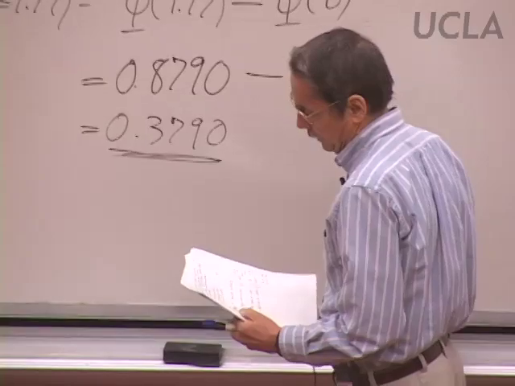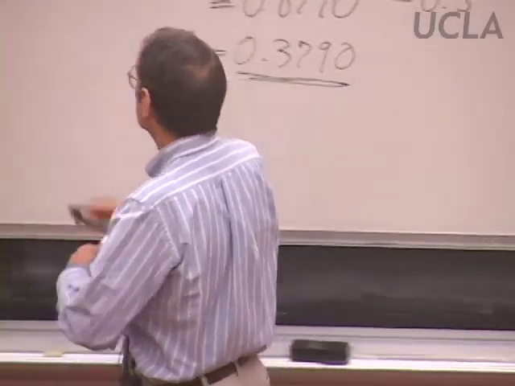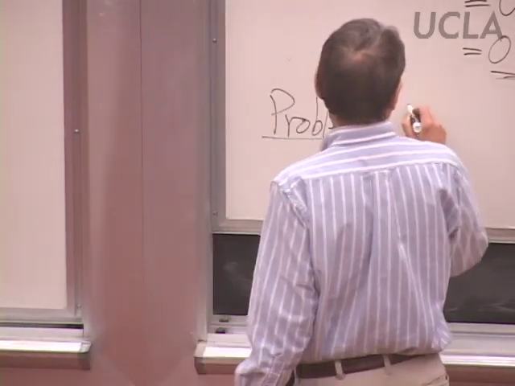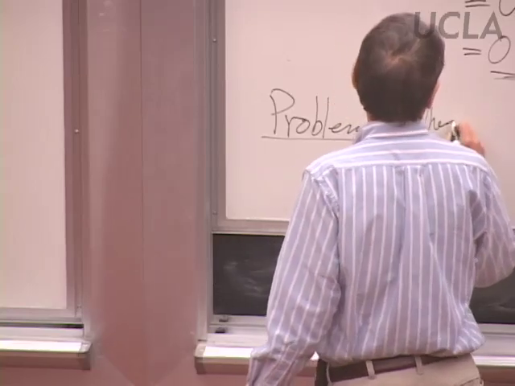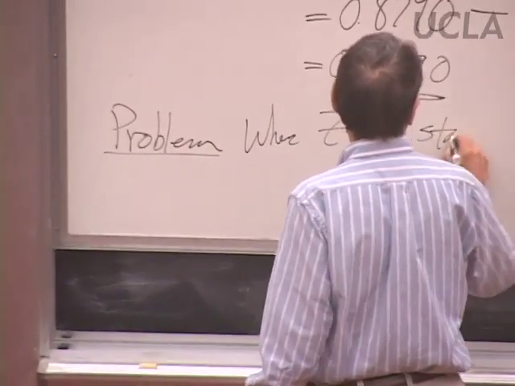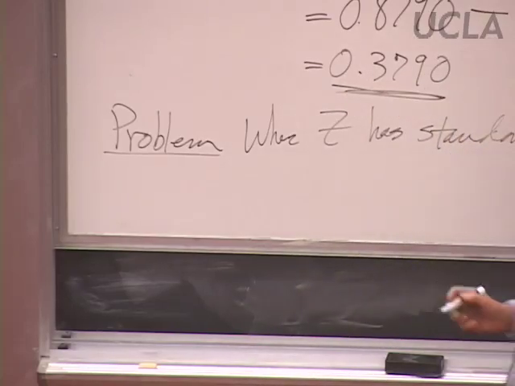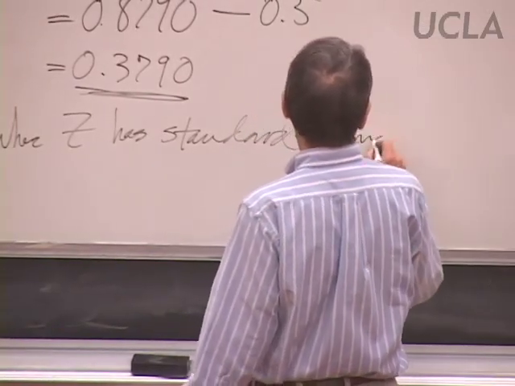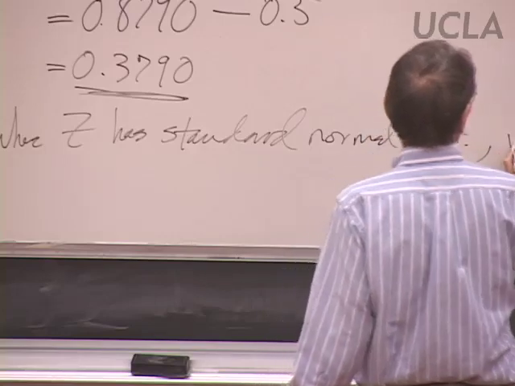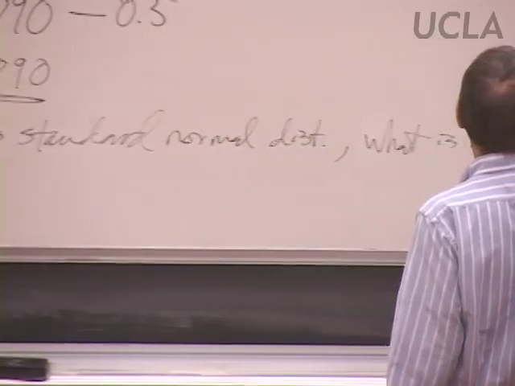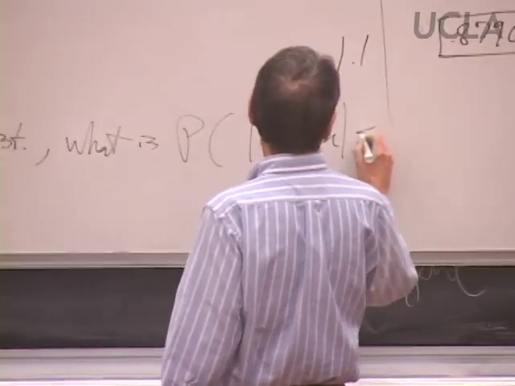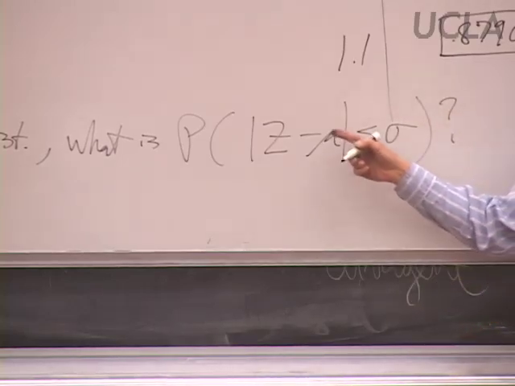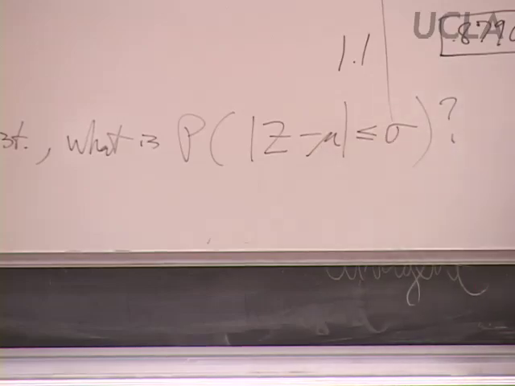We have not yet done the usual problem. What's the probability, where z has the standard normal distribution, of being within one standard deviation of its mean? For the standard normal distribution, the mean is 0 and the standard deviation is 1.